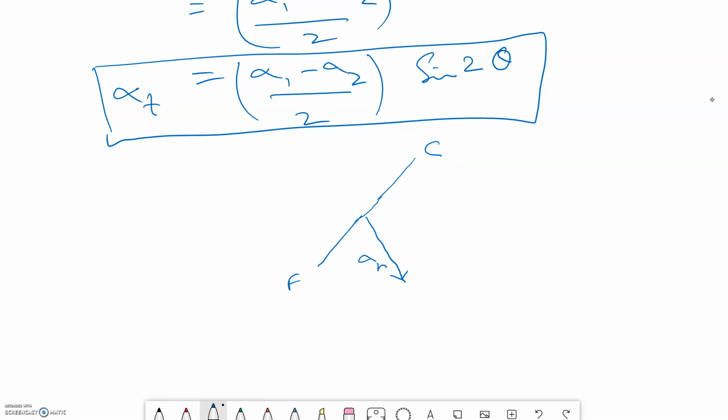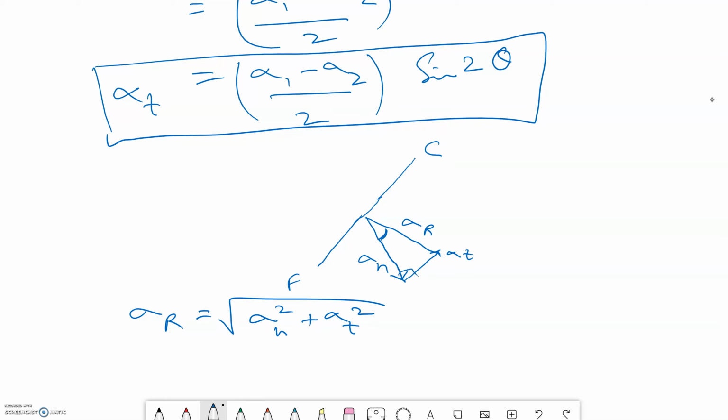This will be sigma n. Now if you have sigma t, you can resolve it. This is your resultant. So your resultant sigma r will be equal to square root of sigma n square plus sigma t square from our Pythagoras theorem, this being 90 degrees.